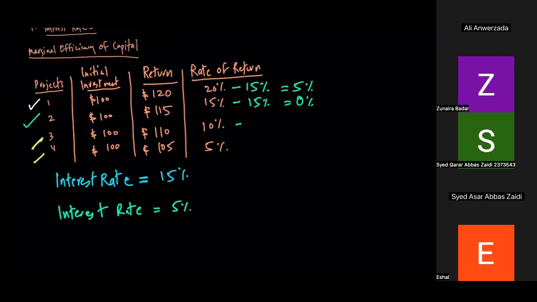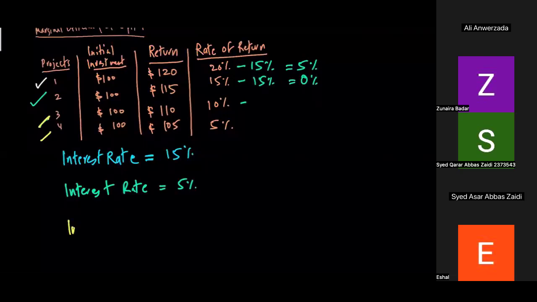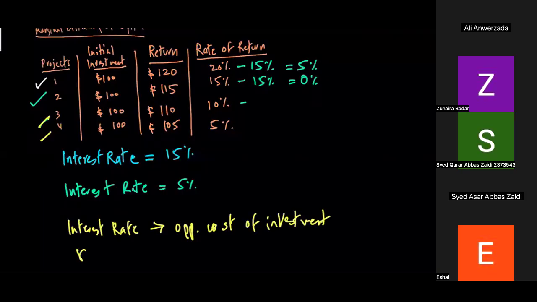Why? Because all the projects will become financially viable. So what I'm trying to say is that when the interest rate is your opportunity cost of investment, then when interest rates fall, investment rises.